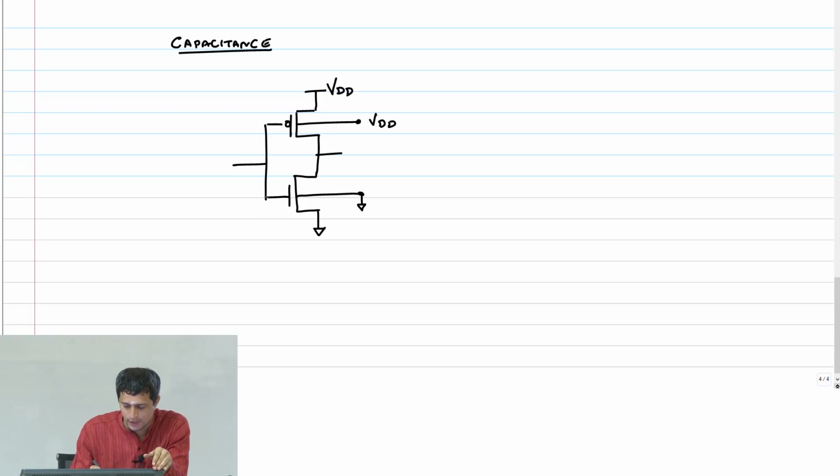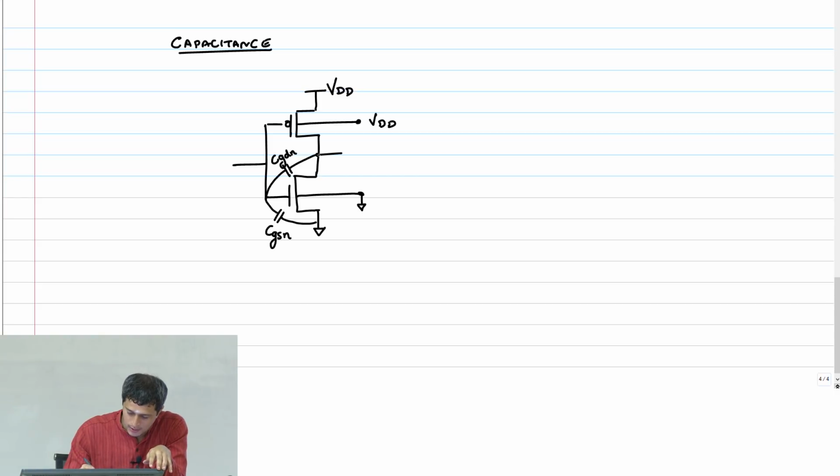So basically from gate to source, there is one capacitance, right? This is the CGSN. Then from gate to drain, there's one more capacitance, CGDN.